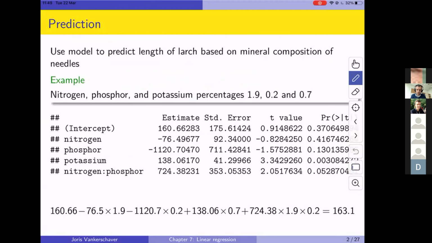Okay, so we have our final model, and now I give you a new tree with nitrogen 1.9, phosphorus 0.2, and potassium 0.7, and I ask you, what does your model think the height of the tree is going to be? Well, very easy. We just use the estimates for our coefficients. We have the intercept here. We have beta nitrogen.